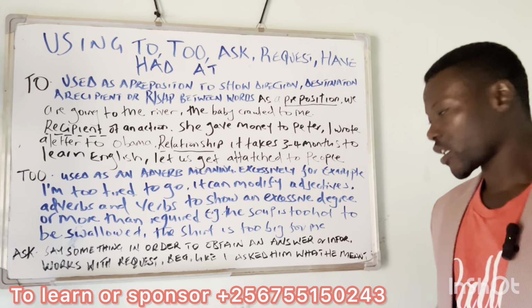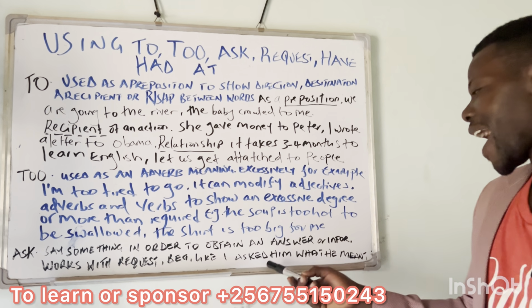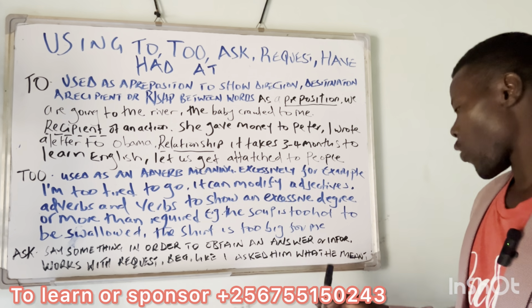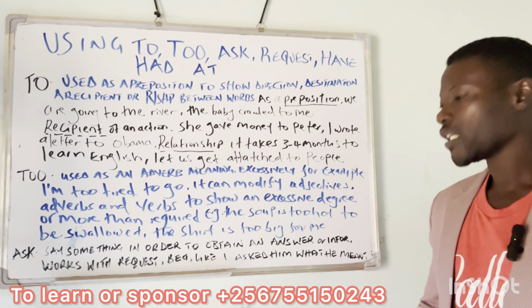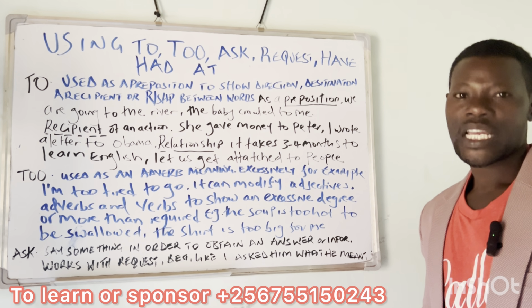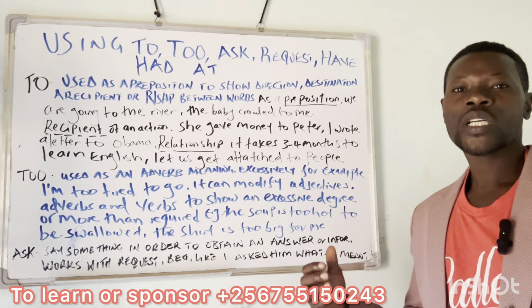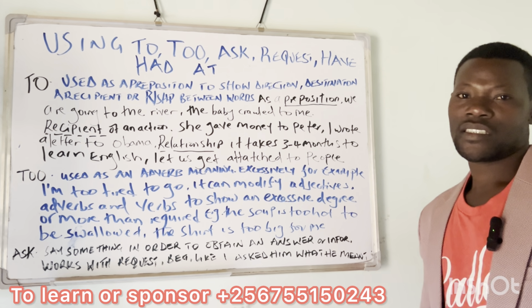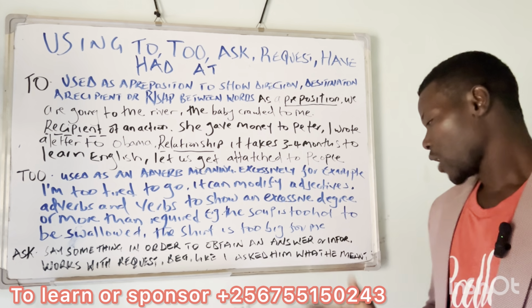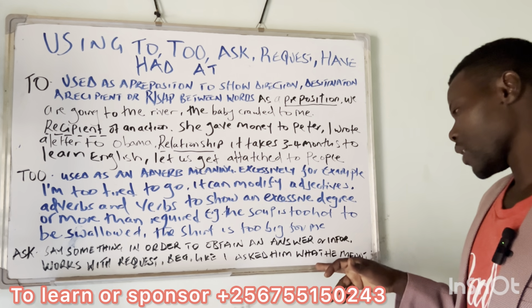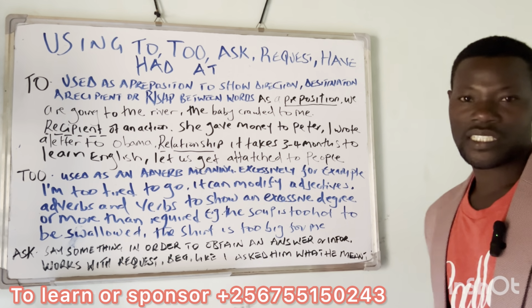For example, we can create a sentence and say, I asked him what he meant. I asked him what he meant. I asked him to lend me some money. Namusabye mpolewo ku ssente. Wano namusabye ambuulire ki kye yategeezezza.